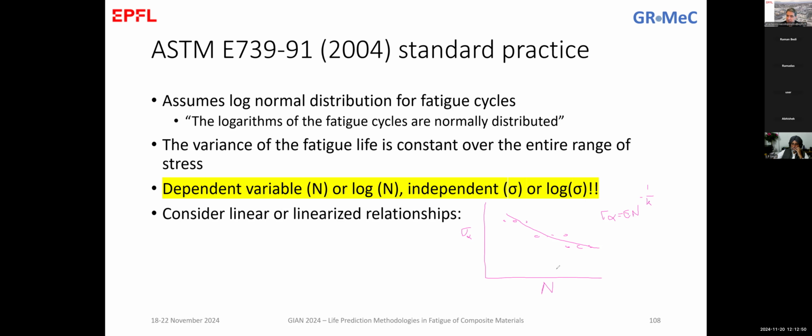So when we fit like that, we consider that the number of cycles is the independent variable, and sigma alpha is the dependent variable. And the standard requests the opposite.